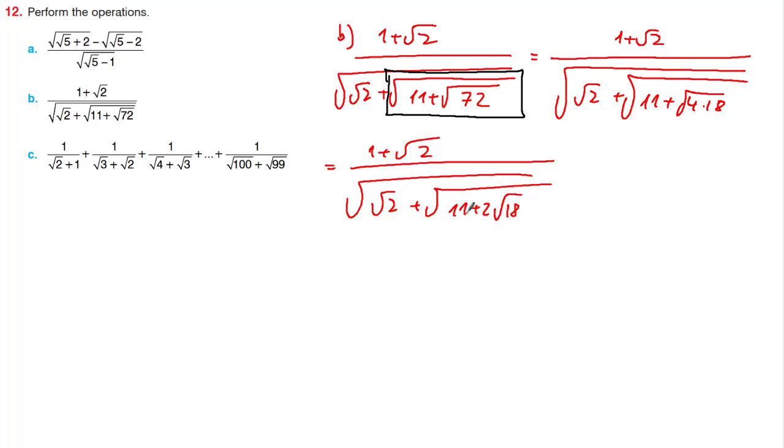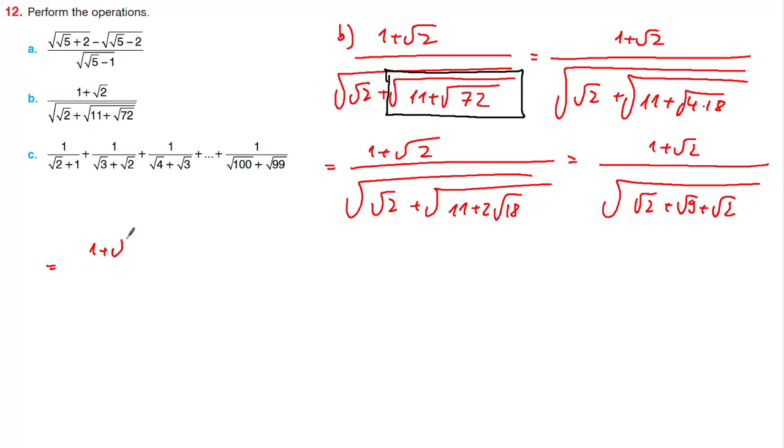Give me two numbers that add up to 11 and multiply to 18. Those two numbers are 9 and 2, so square root of 9 plus square root of 2. Alright, let's continue. So we get 1 plus root of 2 over, and here it will be square root of 9, which is just 3, plus 2 root of 2.